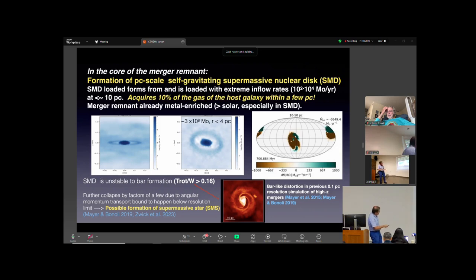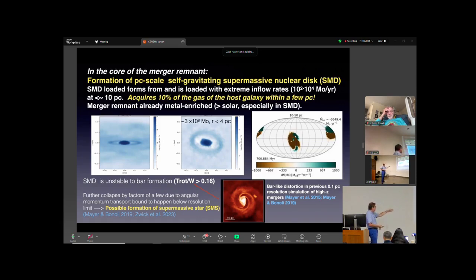In the higher redshift merger simulations that we did previously, because we could go even smaller in size scales, we found that these systems typically become unstable to a bar mode, and they drive gas even closer into the center. And then we tried to model analytically what could happen later, and we argued that you could form a supermassive star.